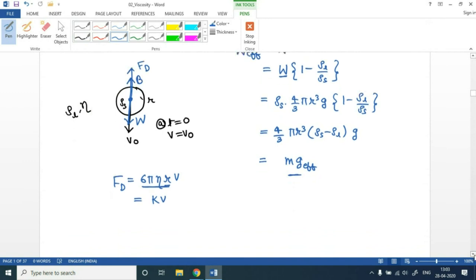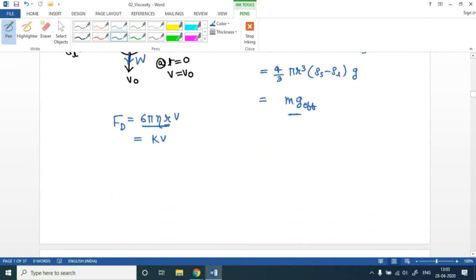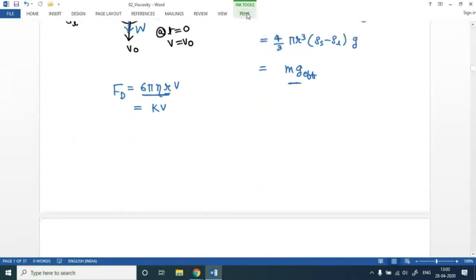So once we have done this, the equation of force, first we want to find out the velocity as function of time. So first thing we want to find out is velocity as function of time. So for that, we need to write the equation of force, let's say, in vertically downward direction.